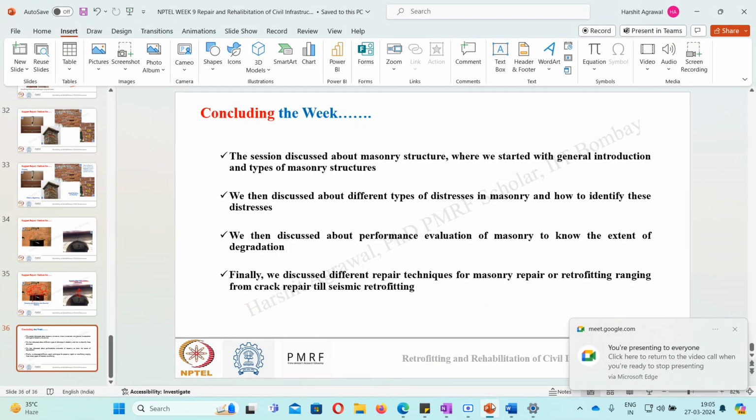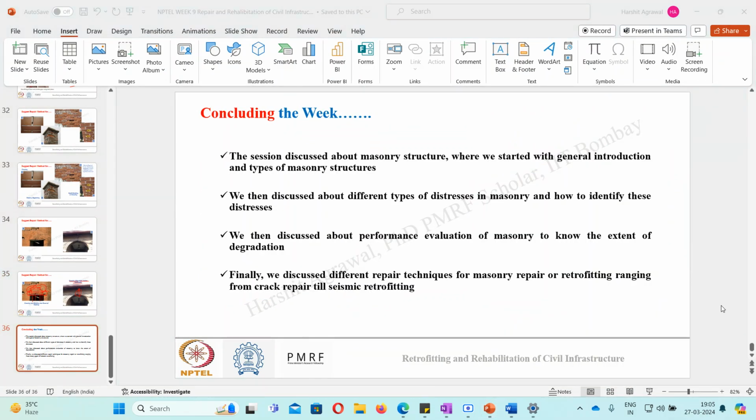Okay, so this was all for today's session. In today's session, we discussed masonry structures, where we started with a general introduction and types of masonry structure. Then we looked into different types of distresses in masonry and how we identify these distresses. Then we discussed performance evaluation of masonry to know the extent of degradation.